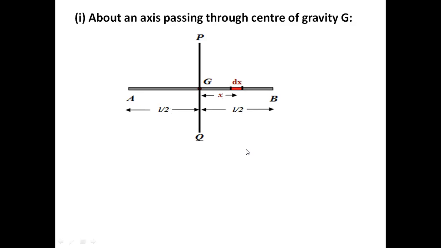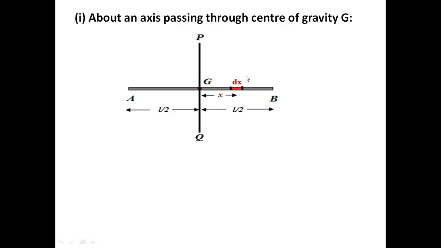Now to calculate this, we imagine that the whole length of the rod is divided into small elements, that is, cut into small pieces, and we consider one of the pieces. I have represented that element with the red color here. This element has a length dx and is at a distance x from the axis which we have chosen, that is, the axis passing through the center of gravity and perpendicular to the length of the rod.